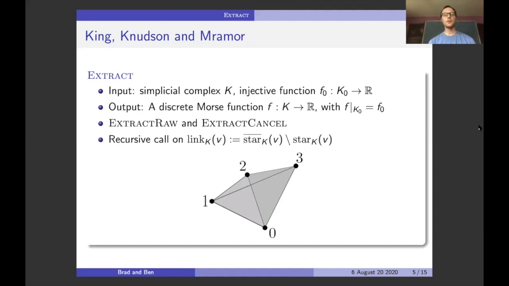So if we compute these things recursively, that can get expensive. Our work tries to make a local decision that removes the need for this recursive call. For example, if we have this tetrahedron here, when we select the vertex 3, the lower link is going to be this triangle 0, 1, 2 shown here.